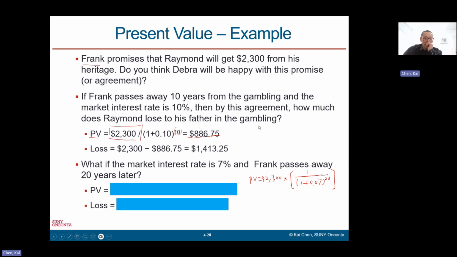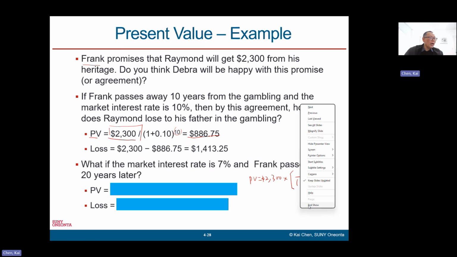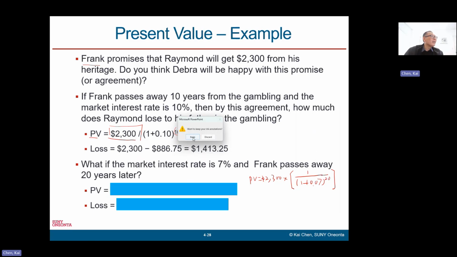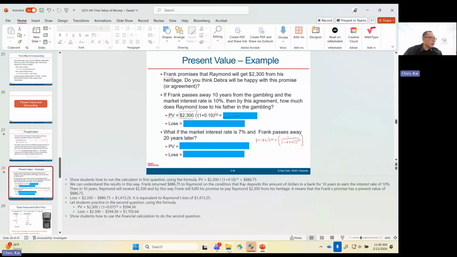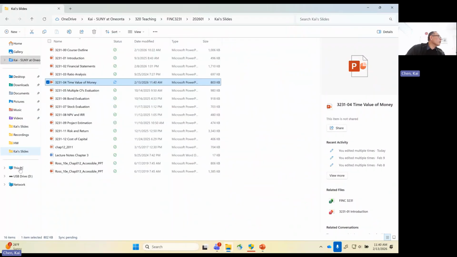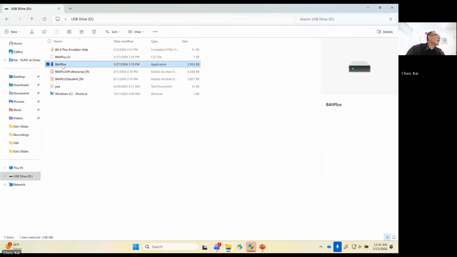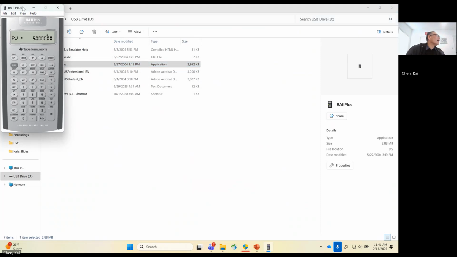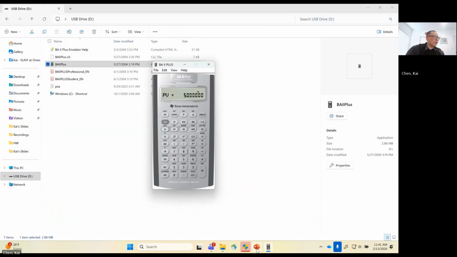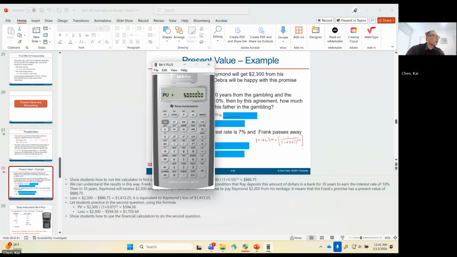Now I'm going to show you how to run the calculator to get the right answer. Here is my calculator.